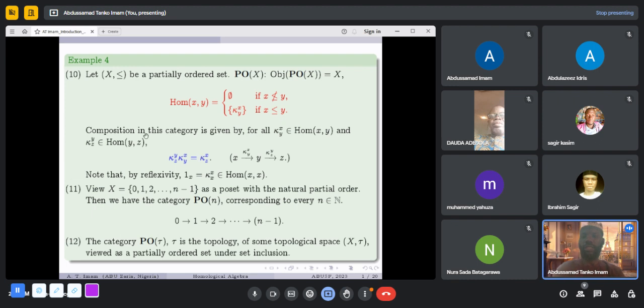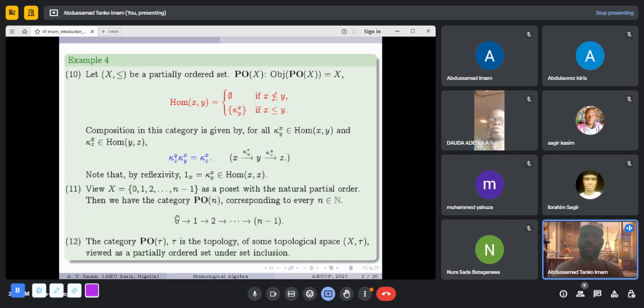This is a nice construction, and it is general, because once you specialize x, you get so many categories. For example, if you take x to be the set of natural numbers 0, 1, 2, 3 up to n minus 1, then you can talk of O of n, and this is a category where you just have a finite number of arrows.